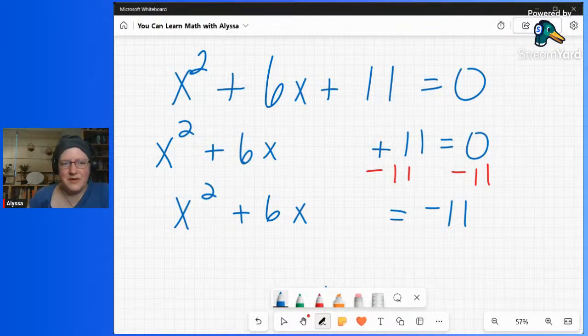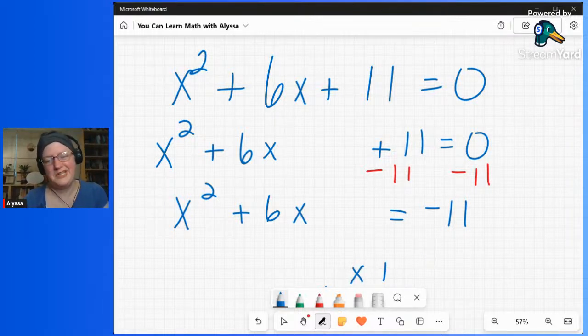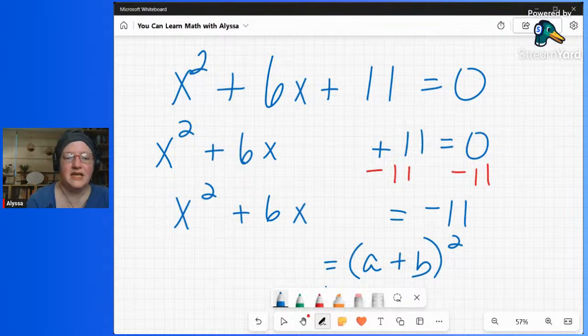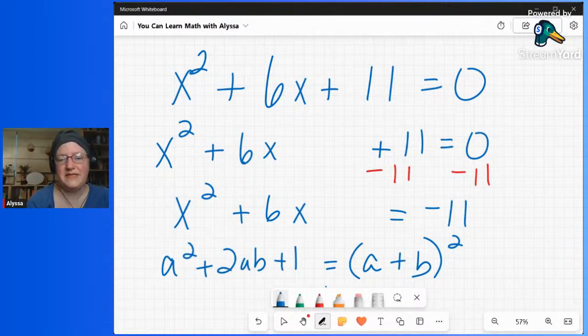To complete the square, this all goes back to the perfect square. If I had a plus b squared, and I was to FOIL, multiply all that out, I would get a squared plus 2ab plus b squared.